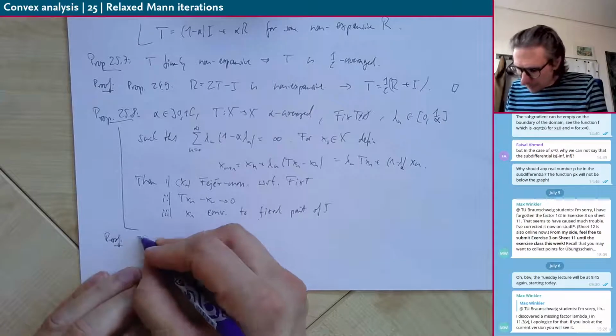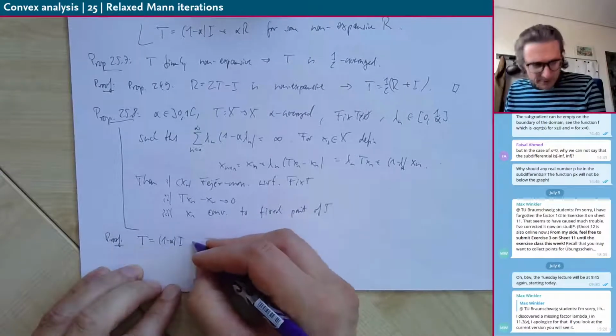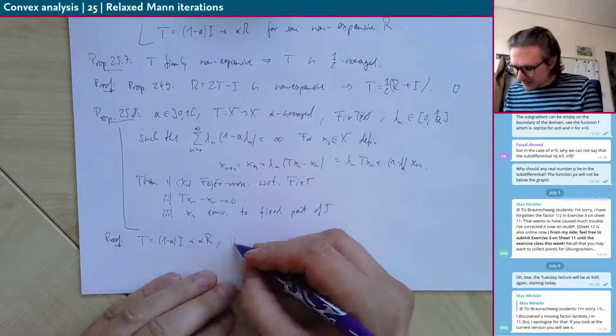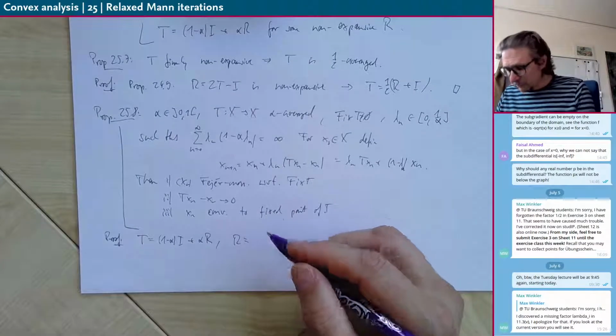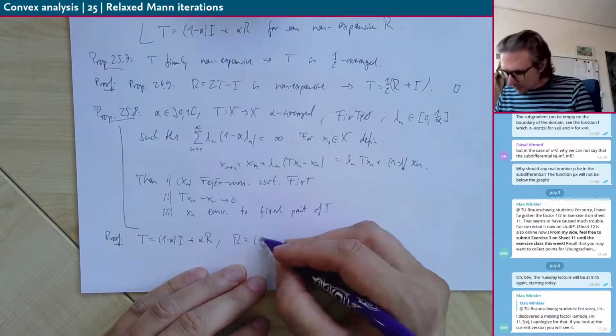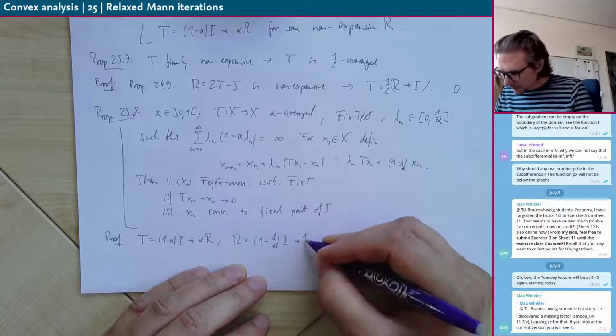We know from alpha averagedness that T can be written as (1 minus alpha) times I plus alpha times R. Solving for R, we get that R is exactly (1 minus 1 over alpha) times identity plus 1 over alpha times T.